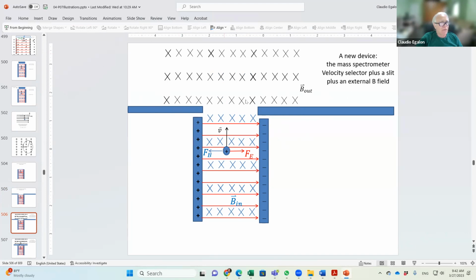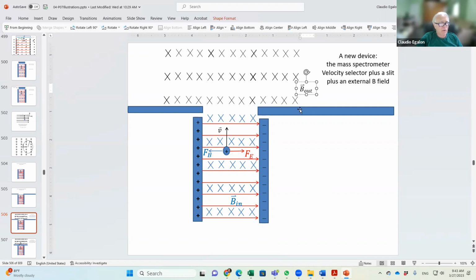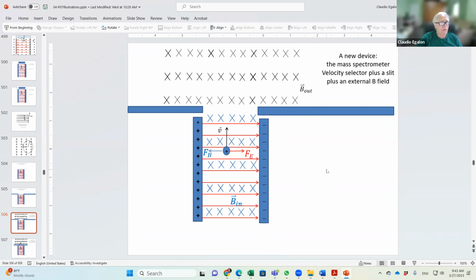The outside magnetic field doesn't have to be the same value as the magnetic field on the inside. They can also have opposite directions. Here I put them in the same direction, but because they're written a different way, their intensity doesn't have to be the same.